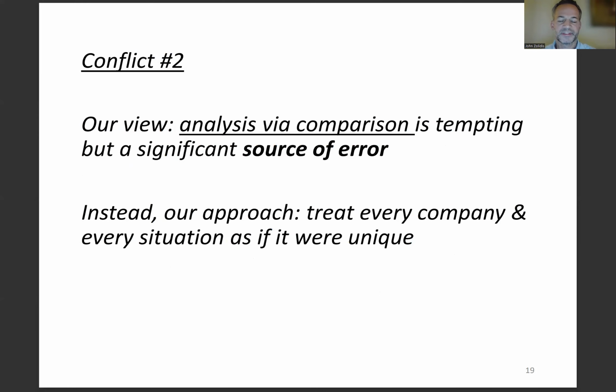I think this analysis via comparison, while it does save some time, is a significant source of error. At least it has been for me. Instead, I think the right approach is to treat every company and every situation as if it were unique. Now, obviously, this takes more time and is more difficult, but this is how you avoid the error of comparison when things are not quite the same.